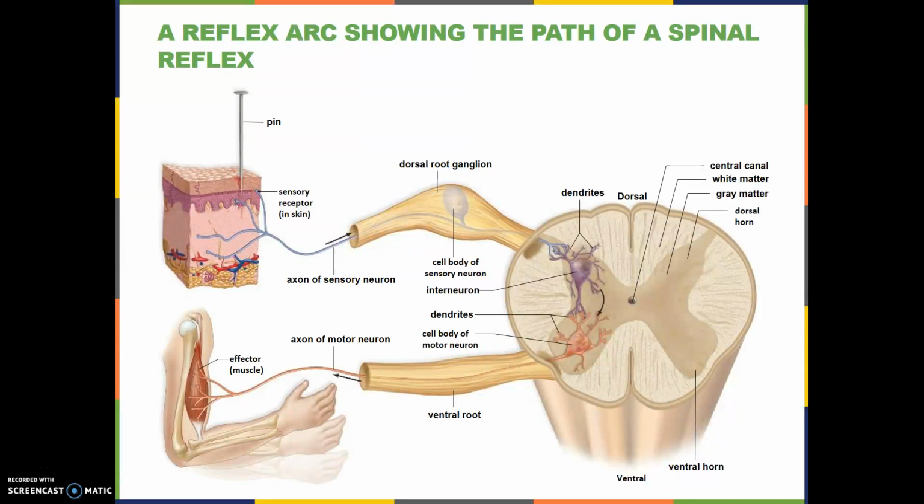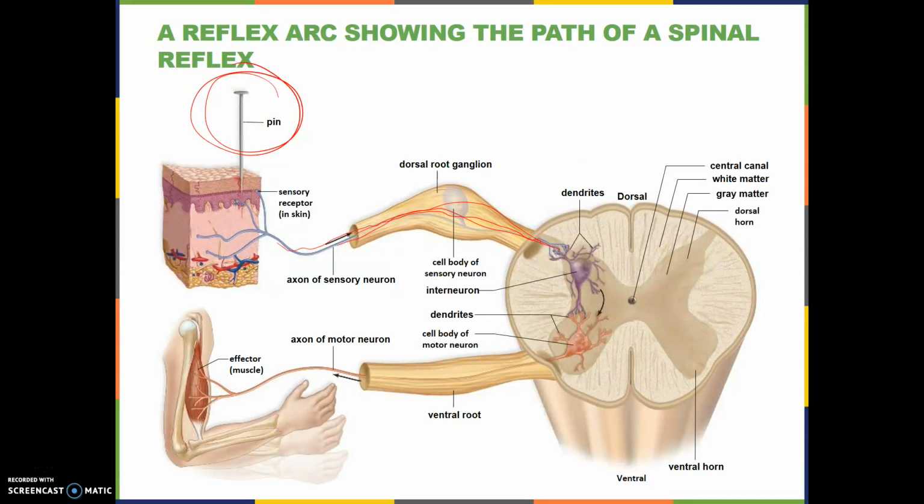All right, here you see another cross section showing a reflex arc. A really good example for everyone to relate to is you get pierced by a pin in your skin, whether you step on it or just stick it in yourself by accident. So receptors in your skin detect that pain and send a signal to the spinal cord through the dorsal root ganglion, which is just the dorsal side of the spinal cord.